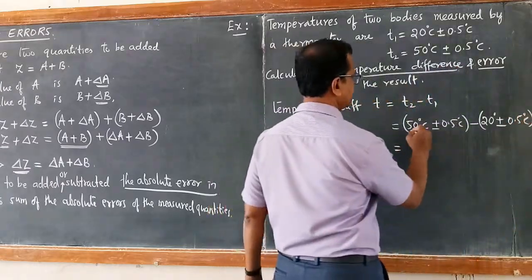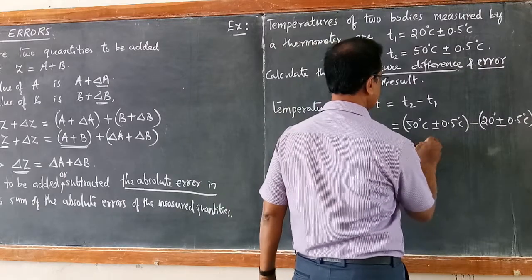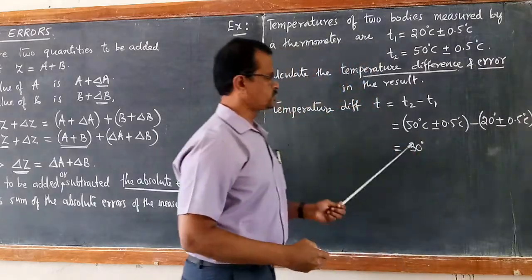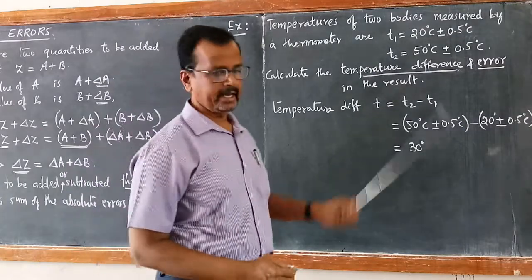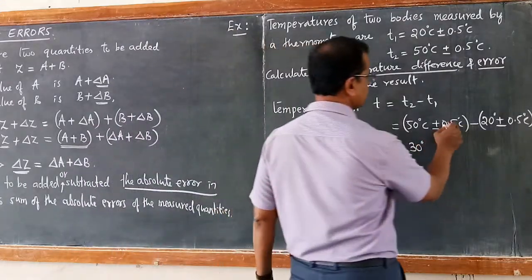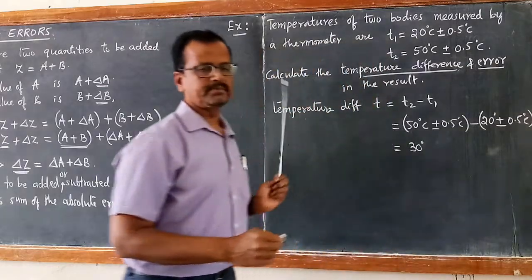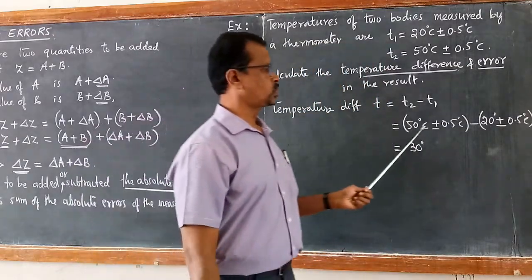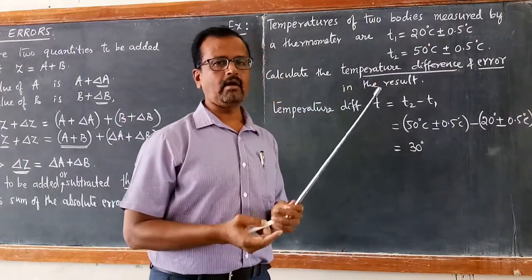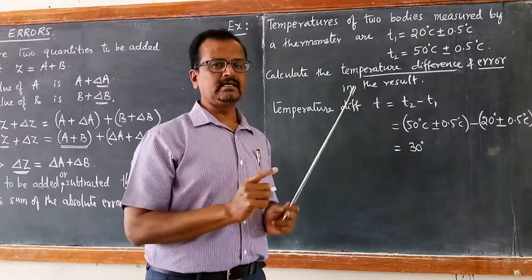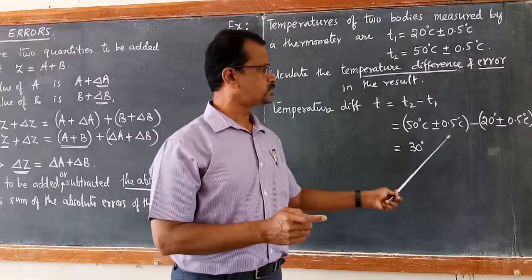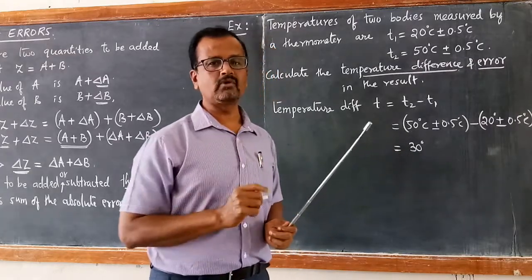So 50 minus 20 becomes 30 degrees Celsius, which is the actual result that we are supposed to get, but there is an error. How much is the error? As we have learned from the previous rule, if there are two quantities to be added or subtracted, then the absolute error in the result is equal to the sum of the absolute errors in the measured quantities.